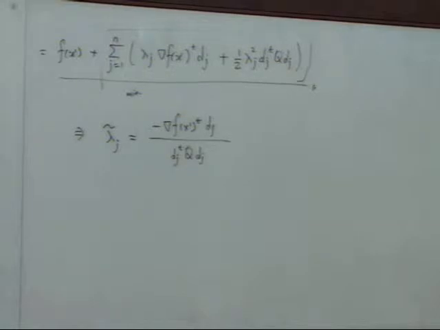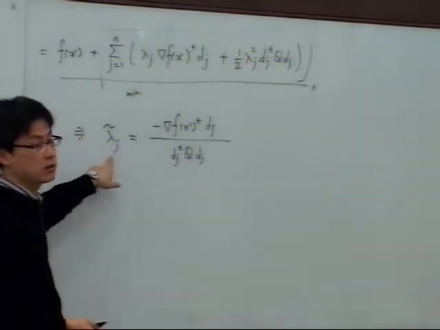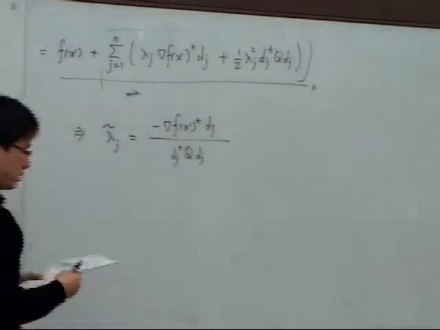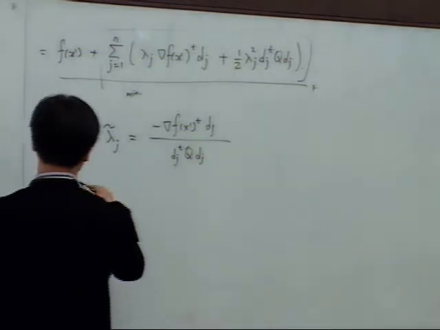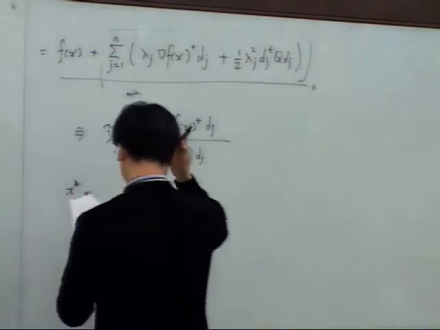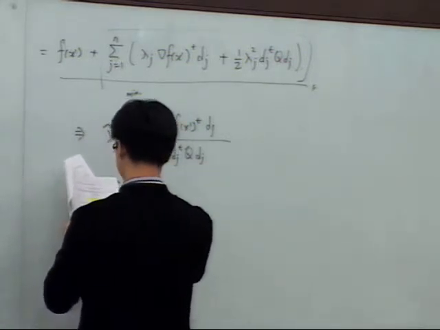The directions are given. But by changing these lambda j's, we can arbitrarily make the direction. And if we choose this lambda j tilde, it minimizes that part. Okay. So let's say this is x star, which is the minimized point.